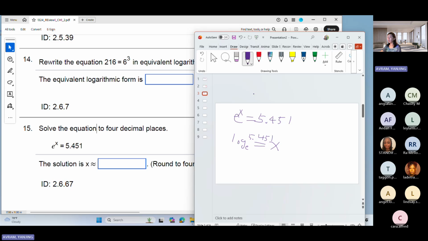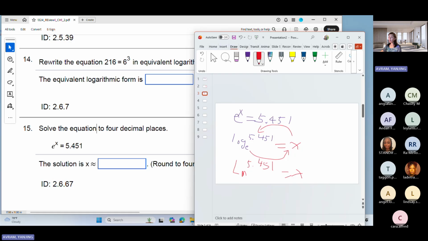Let me erase this one and write it down so it is easier to read. This whole thing equals x, right? So e to the x power equals 5.451. If you have a base e, we usually use the symbol ln to represent it. So ln 5.451 equals x.